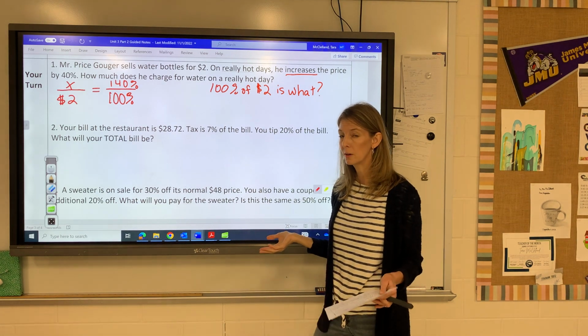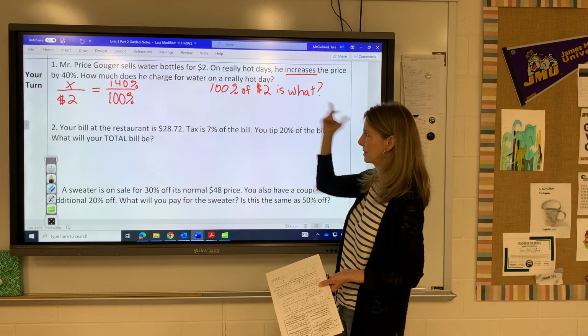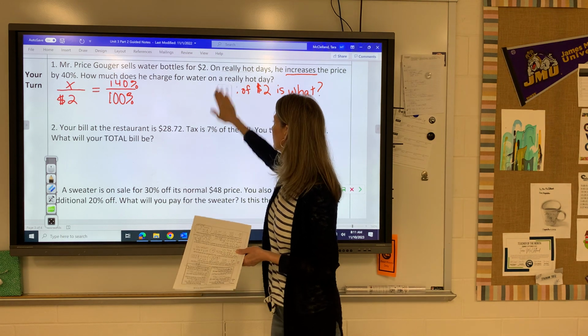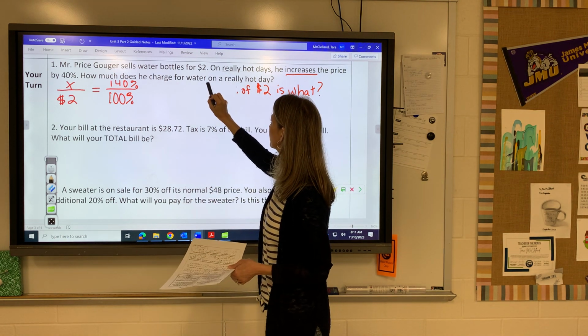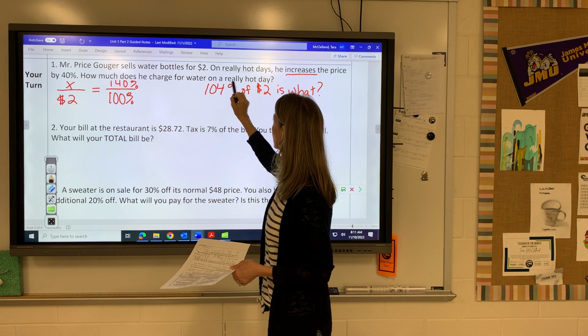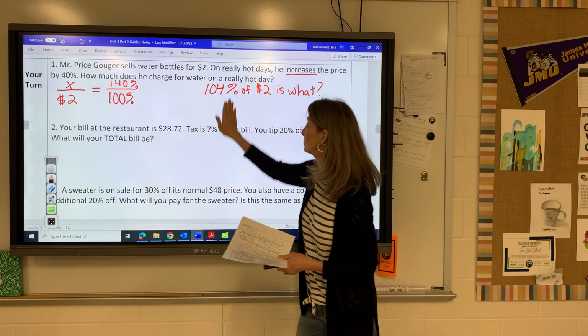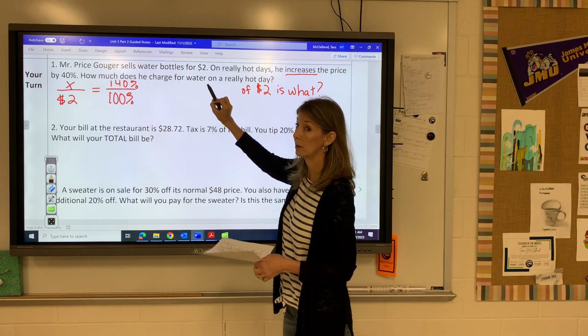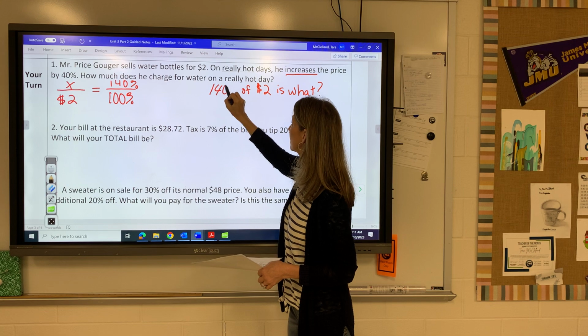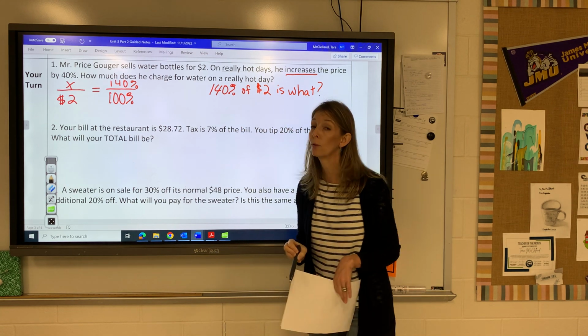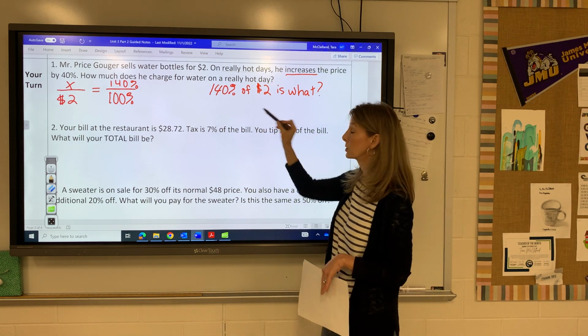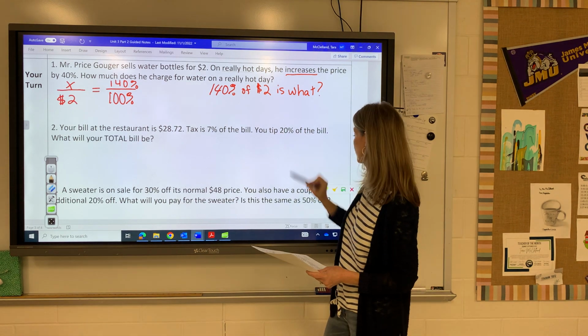Well, 100% of $2 is $2. We know that. So that's not what we want here. We're looking, oh, sorry, not 104, 140. 140% of $2.